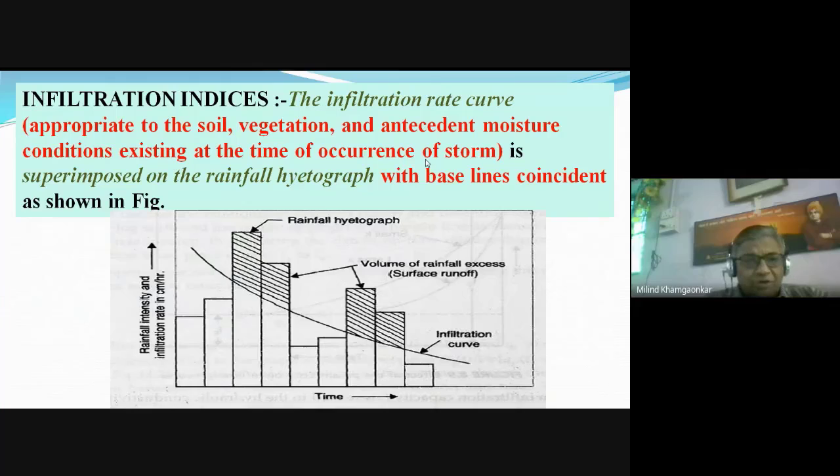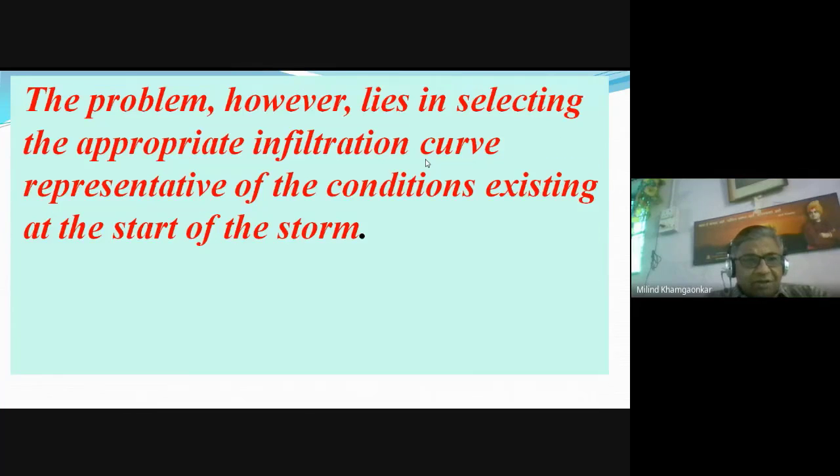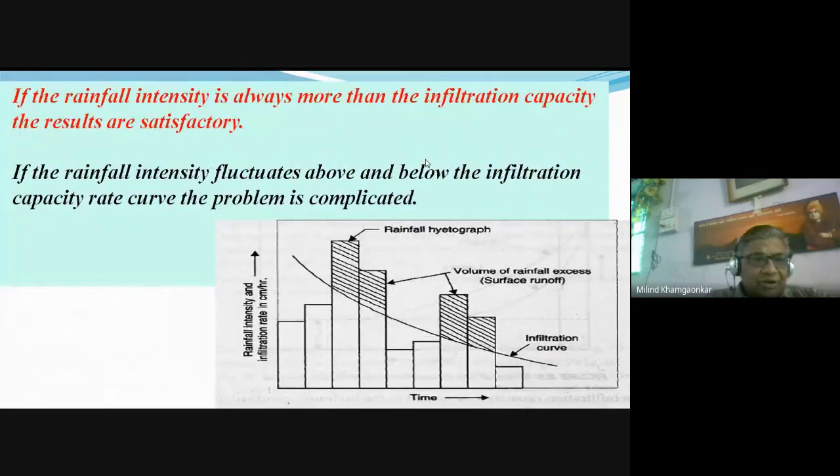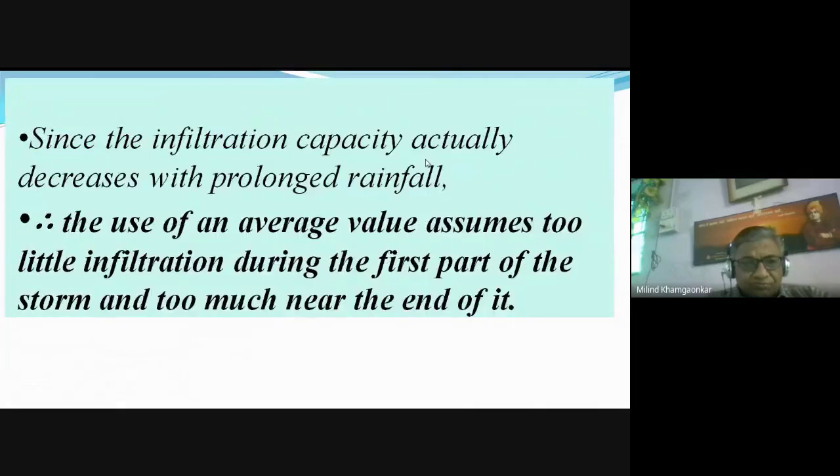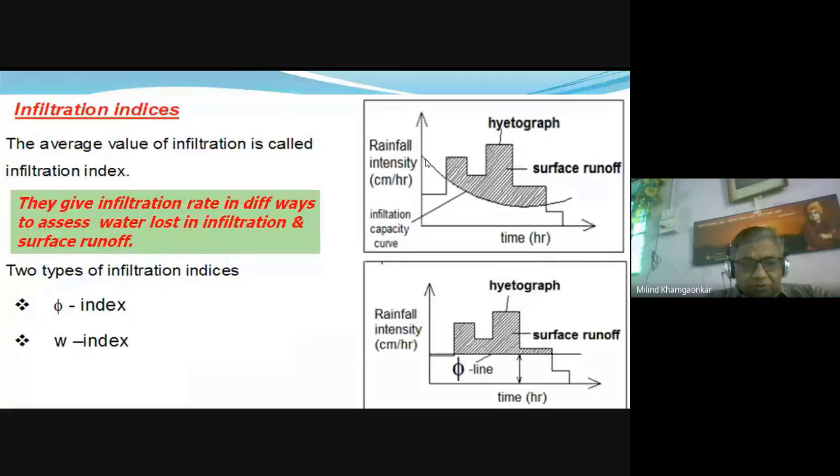There are certain indices called the infiltration indices. There are two types of infiltration indices: the phi index and the W index. The phi index is the index below which, if we overlap this phi index value, it is nothing but a rainfall intensity.